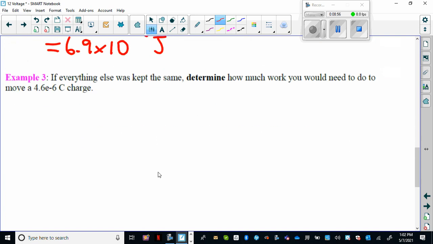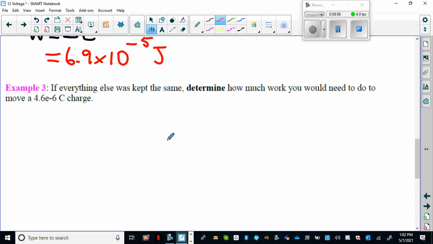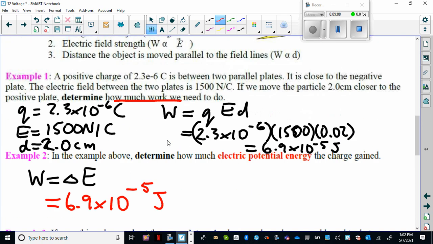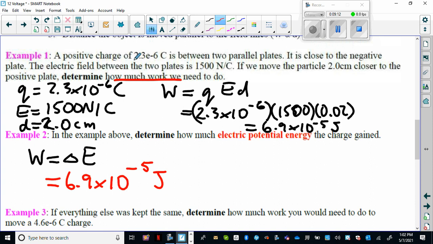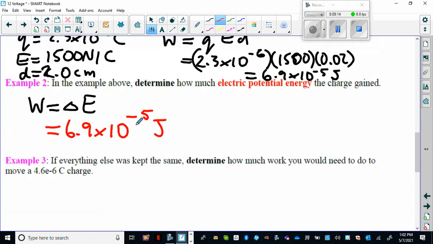And number 3, if everything else was kept the same, determine how much work you would need to do to move a 4.6 times 10 to the negative 6 charge. So we're hoping with this question that you're going to realize that 4.6 is just double the 2.3.